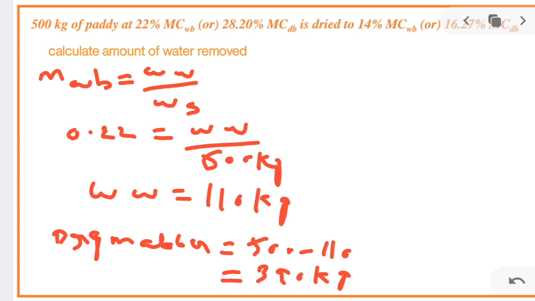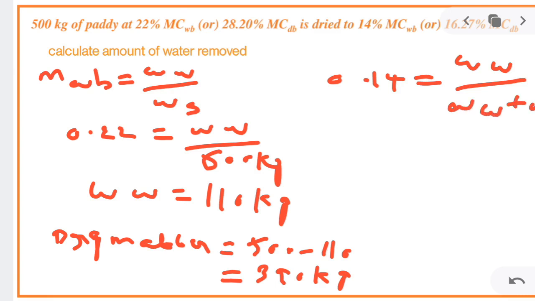According to the formula of moisture content on wet basis, moisture content on wet basis is equal to weight of water divided by weight of sample. Here we don't know the weight of the sample, but we know the weight of the dry matter, so we can write it as weight of water plus weight of dry solids.